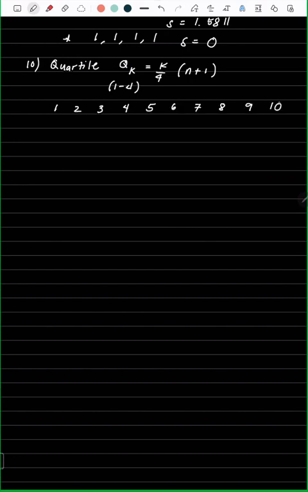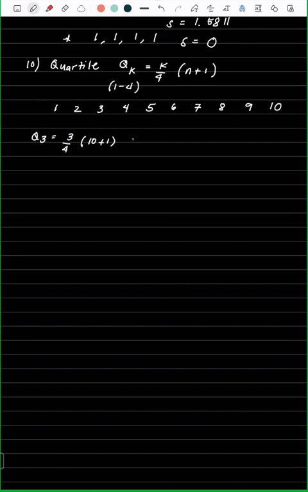So for example, our data would be looking like this: 1, 2, 3, 4, 5, 6, 7, 8, 9, and 10. If I'm going to look for the 75th, the Q3, how will I look for it?